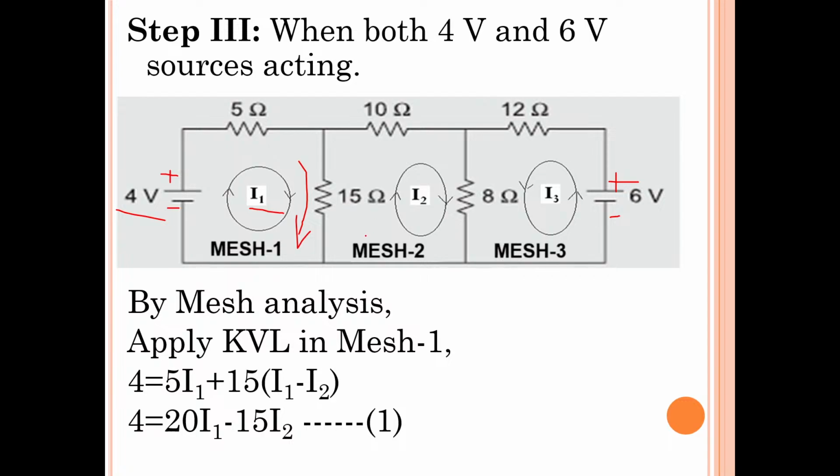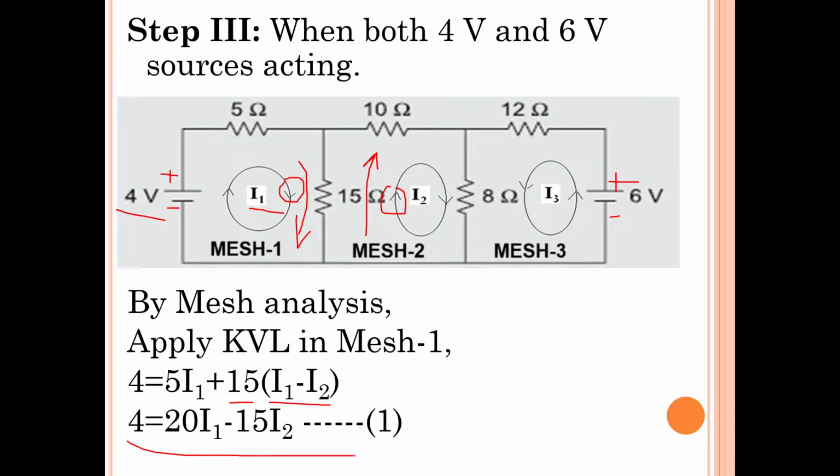What about I2 current beside 15 ohms? It is upward. So both are opposite to each other. Therefore, the differential current will flow through the 15 ohms resistor. So the difference of these two currents: 15 into I1 minus I2.